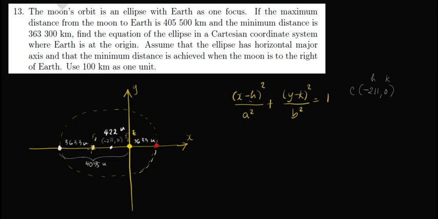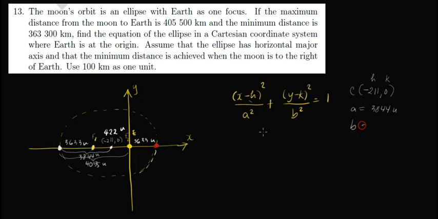So 211 plus 3,633. The answer is 3,844. So mula dito hanggang dito is 3,844 units. So that's your value of a. a is equal to 3,844 units.